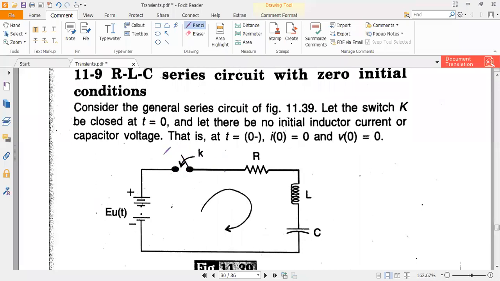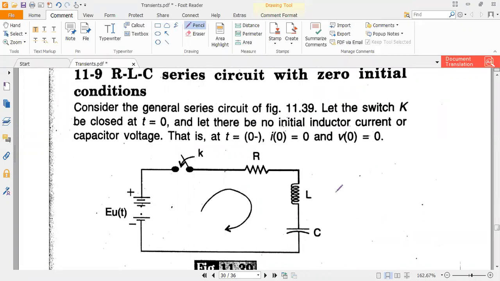So t equal to 0 minus is just before the switch is closed, and t equal to 0 plus is just after the switch is closed. These are the two initial conditions that we are going to consider to find the response of the series RLC circuit.